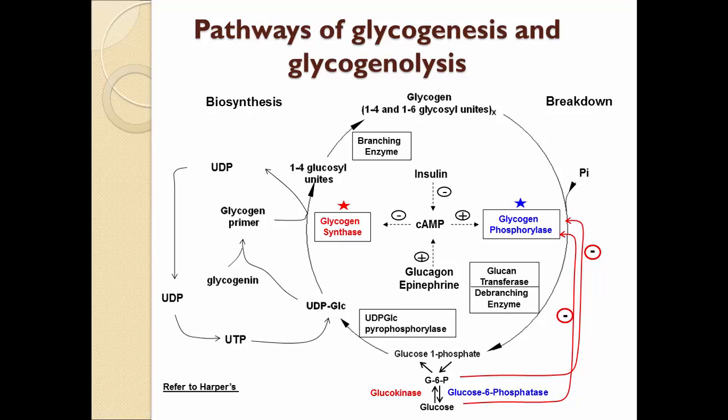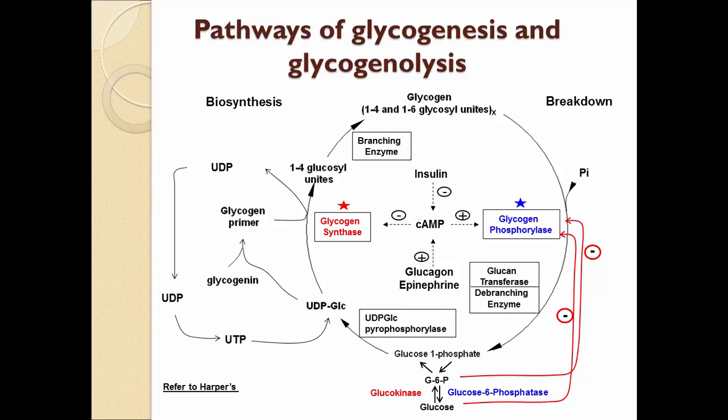And again, this depends on the tissues. The liver and kidney have glucose 6-phosphatase, so they will be able to, I'm just totally, not kidding. This is actually glycogen, but kidney does not have glycogen, right? I mixed it up with gluconeogenesis, sorry.